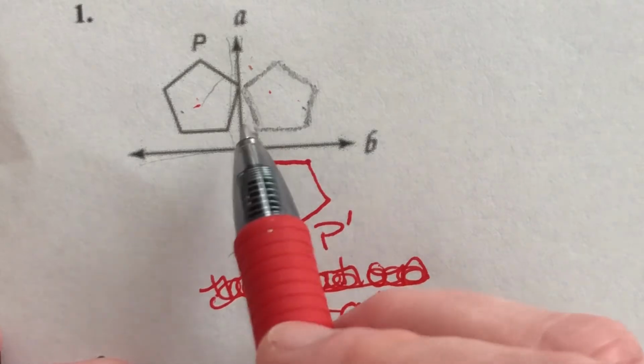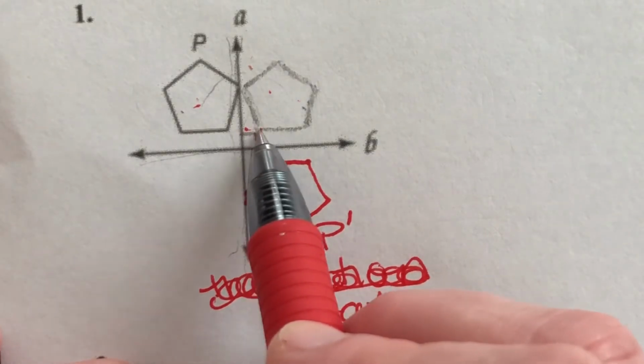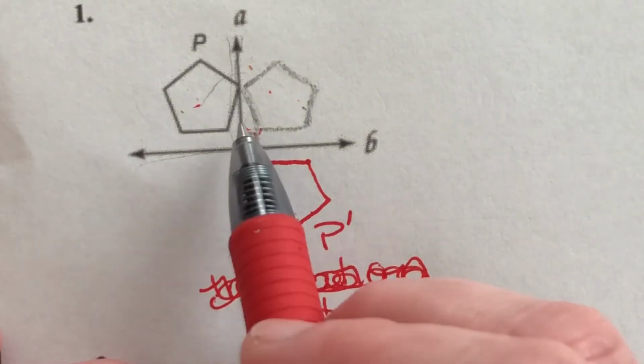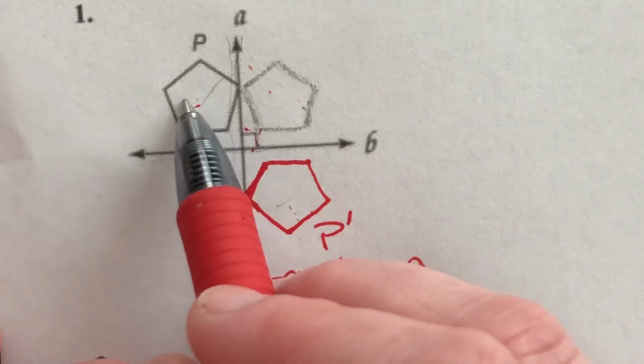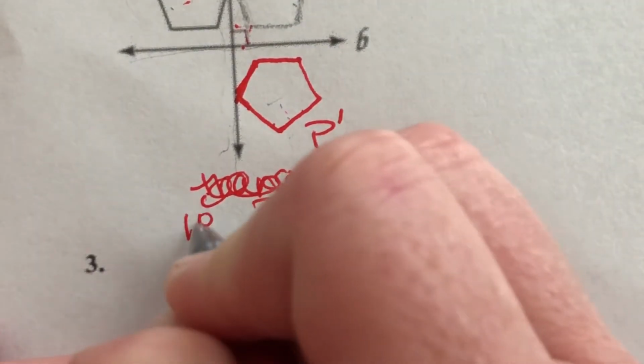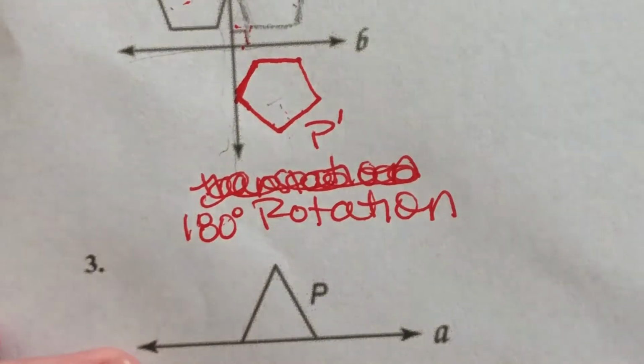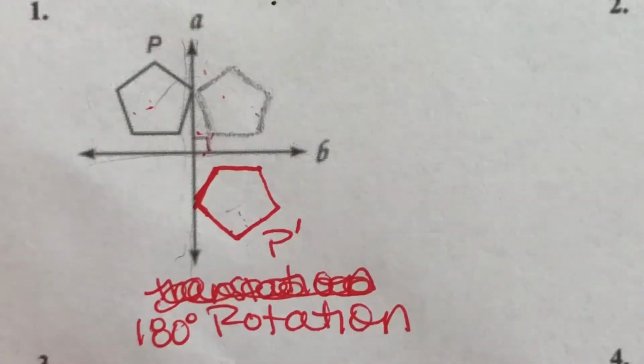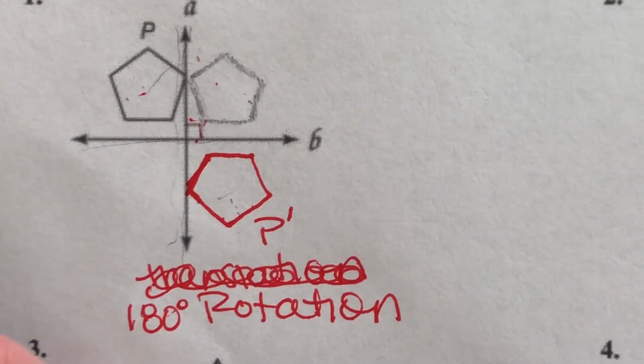And since this is a 90-degree angle right here and we pass through that, we just double this angle and it's a 180-degree rotation. 180-degree rotation, sorry about that. When we cross over parallel lines, that's a translation. I know this, I wasn't thinking.